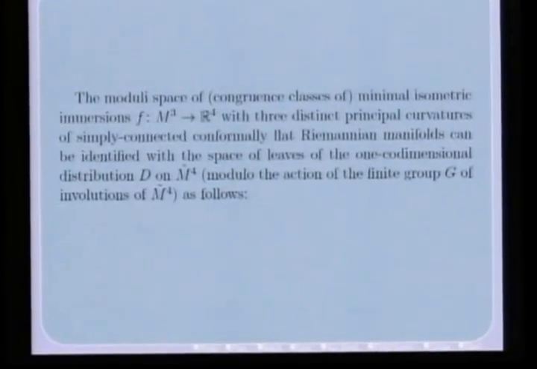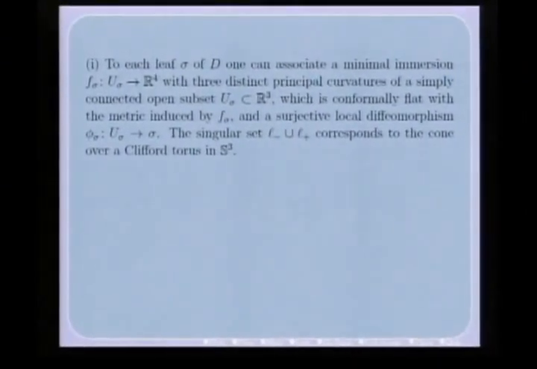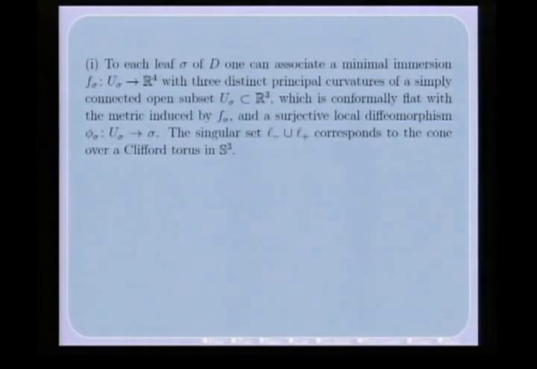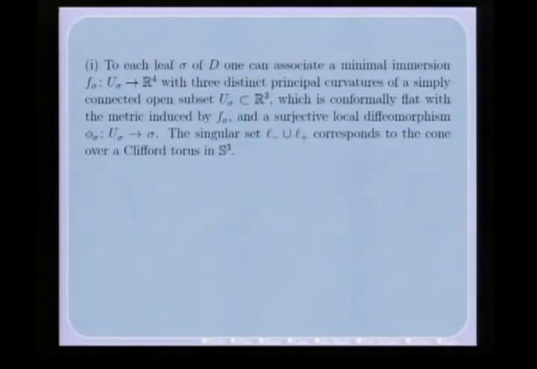And this correspondence goes as follows. To each leaf of this distribution, you can associate a minimal immersion which has three distinct principal curvatures of a certain simply connected open subset of Euclidean space, and such that the induced metric is conformally flat. And you also have a local diffeomorphism of that open subset into a leaf of the distribution.